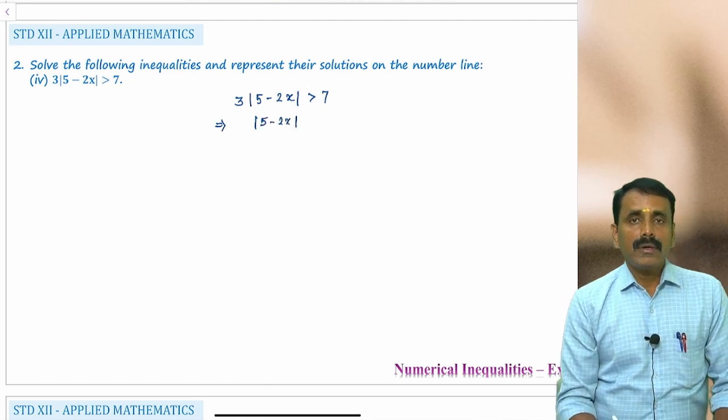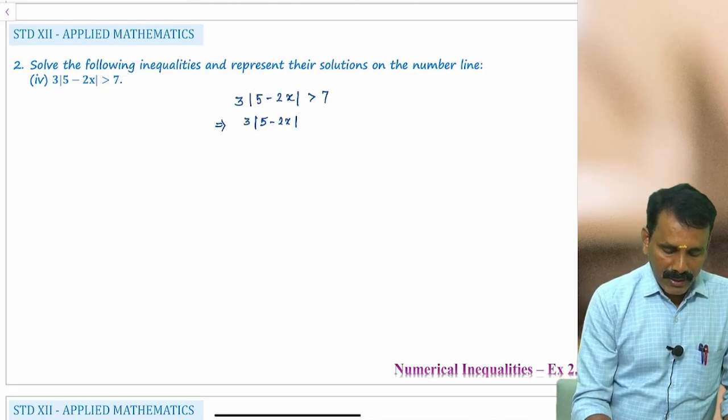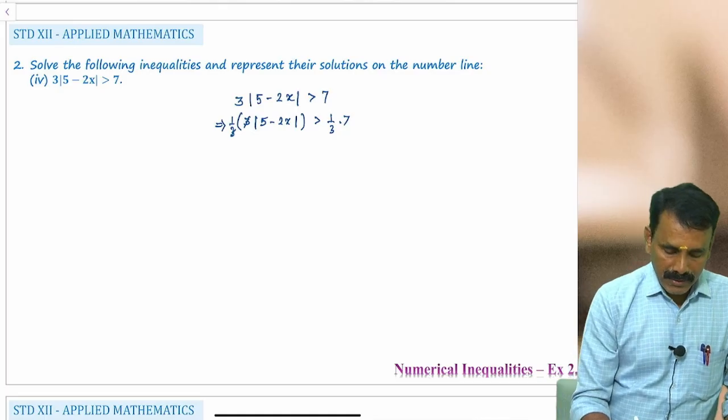How can I write this one? I multiply by the multiplicative inverse of 3, that is 1 by 3, both sides. So, this 3 and 3 cancelled. So, I get modulus of 5 minus 2x is strictly greater than 7 by 3.